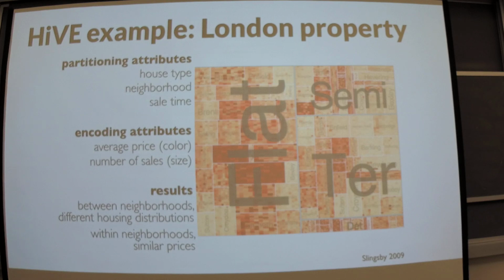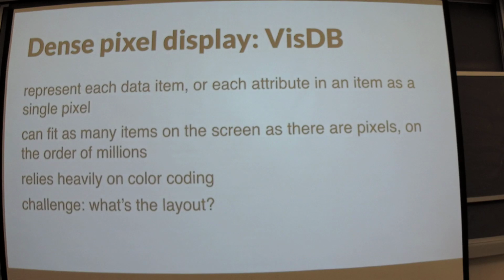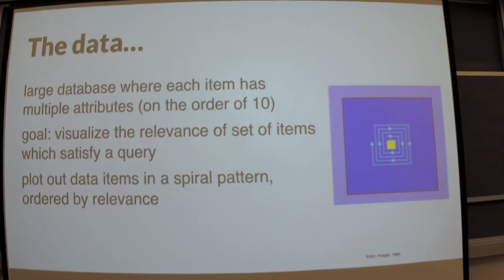So here we have some kind of partitioning algorithm or some partitioning variable that we use to split up this data set, and we can see each of these unique blocks here represents something. But there have also been other ideas, like using pixel-based displays and being more creative about how to arrange them.